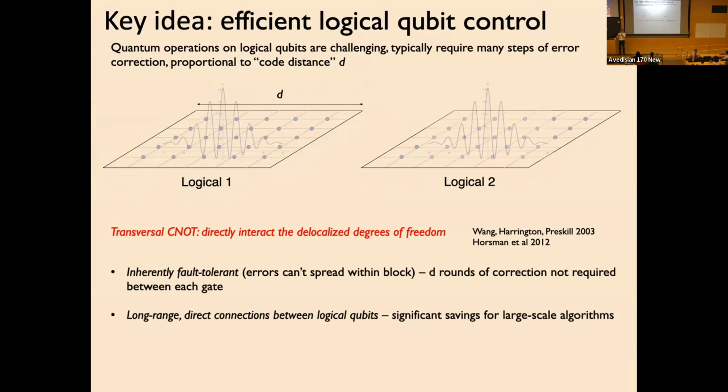advantages. So one, which is perhaps most important, is that it turns out that this CNOT gate is inherently fault tolerant in the sense that errors from one block, for example, if you had an error on one qubit, can of course propagate to a second block upon this transversal gate, but it cannot spread.